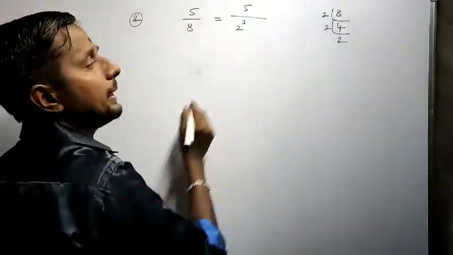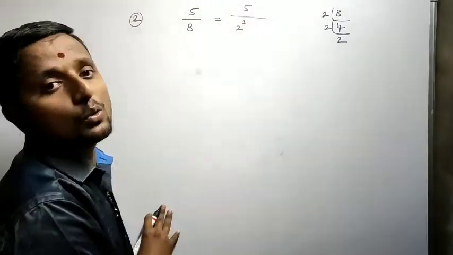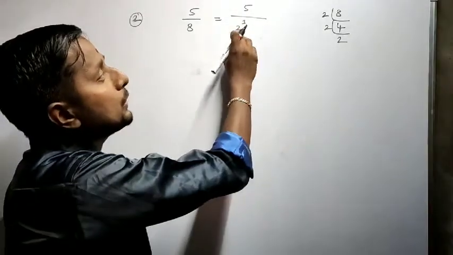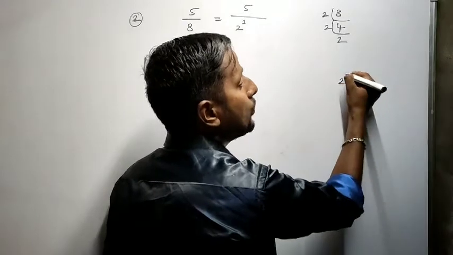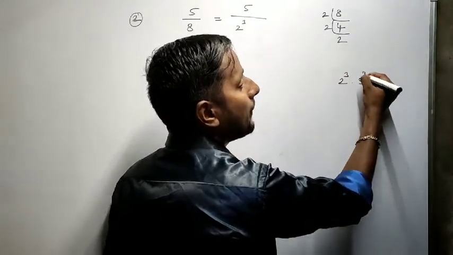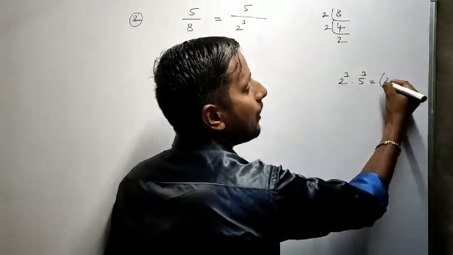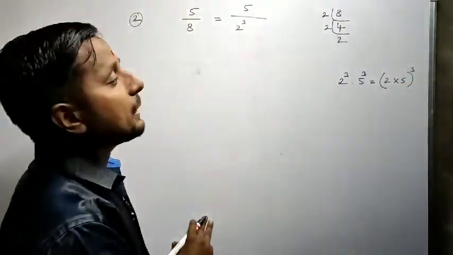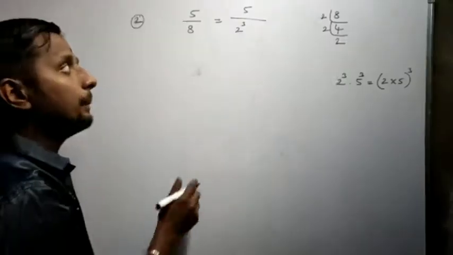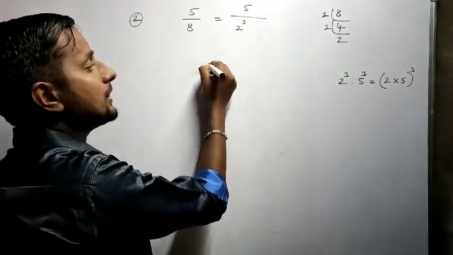As I told you in the first example, here the 2 has a power 3, so what should we do? We can multiply with 5 power 3. Then all together we can write it as 2 into 5 whole power 3 because the exponents are the same.